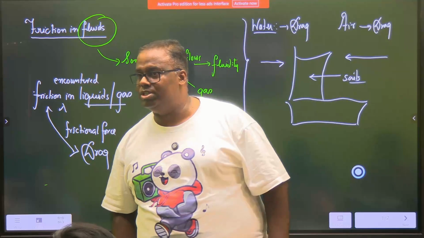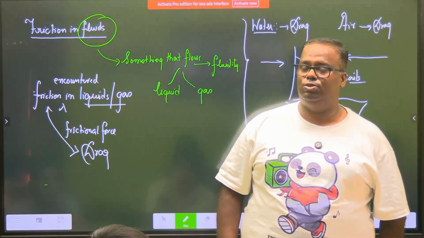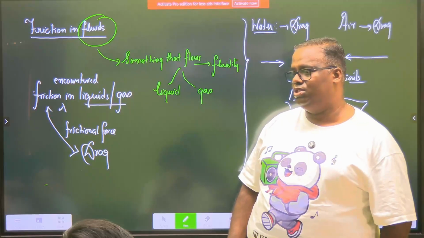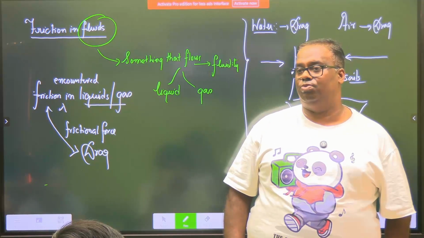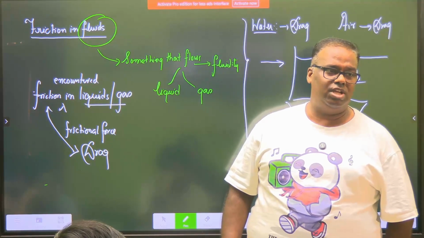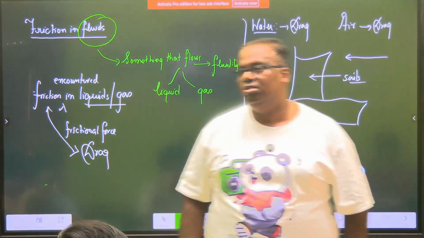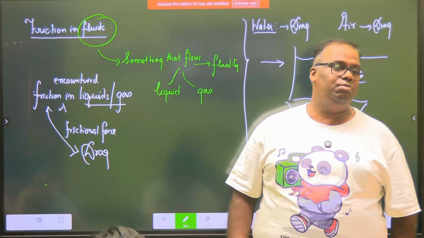Then we encountered friction in liquids. Friction in fluids. Fluids are of two types, liquids and gases. Anything that flows is known as a fluid. Friction can now be defined as a drag force. Whenever it comes to fluids, we call the friction force drag force. Drag forces are seen when you walk in water, as well as when you are traveling and the air breeze is against you.